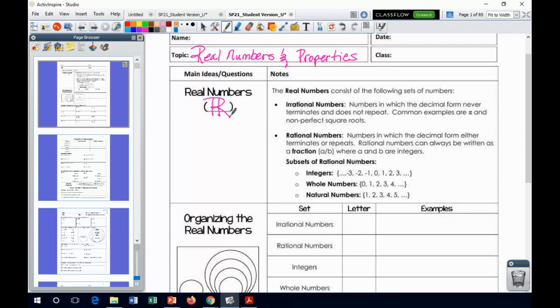All right, so R double bar, but now what is the difference between irrational and rational? I'm going to highlight the stuff that is important. So irrational numbers never terminate and do not repeat.